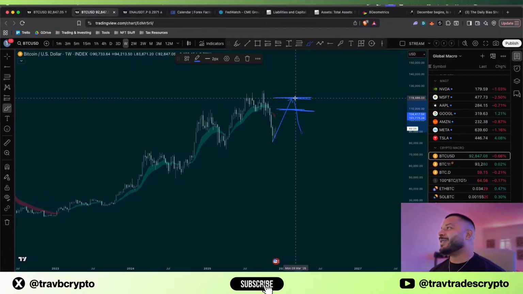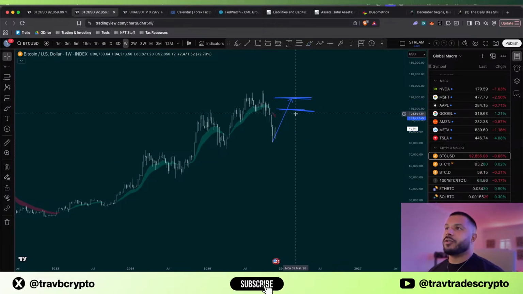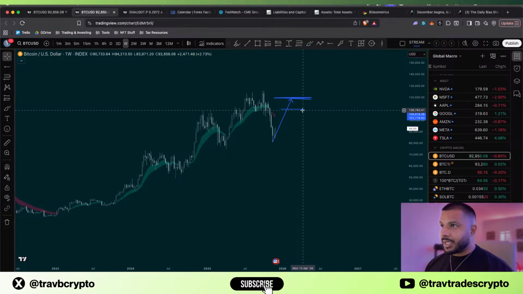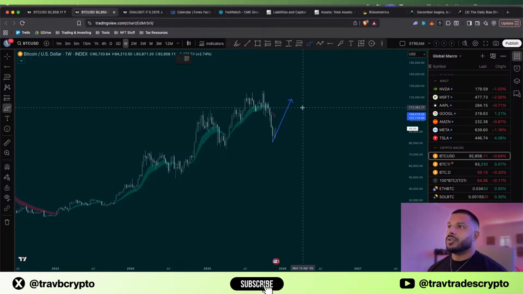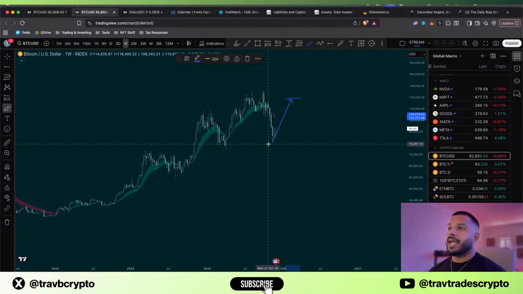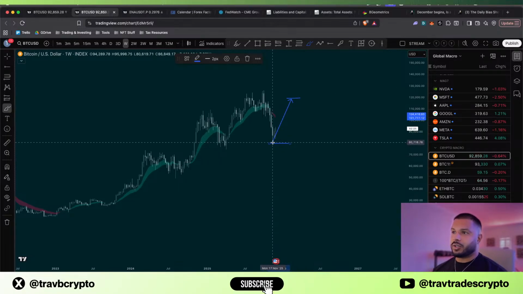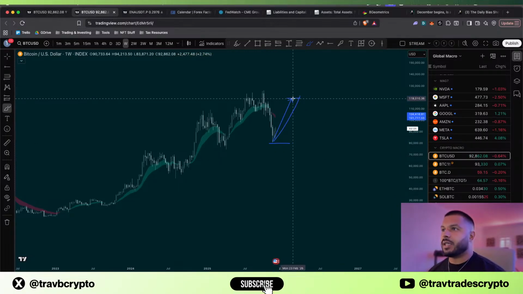Because alts are going to look horrendous. If this rolls back over, they're going to be shocking. So we've got to be very, very rotational. And again, I'm going to show you the system and the rotation tool that I've built to help us do this. We've got to have expectations set correctly to be in and out and to be closely monitoring Bitcoin structure, because we're playing a counter trend rally. Okay.